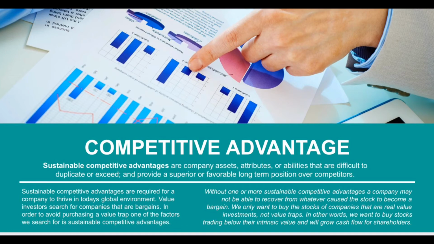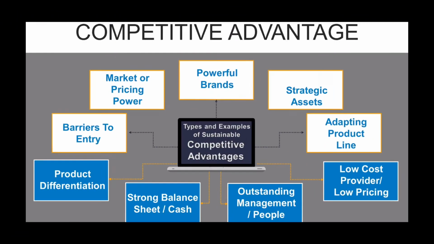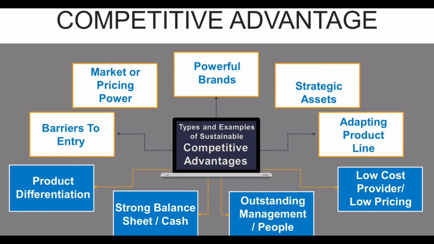We only want to buy the stocks of companies that are real value investments, not value traps. In other words, we want to buy stocks trading below their intrinsic value and will grow cash flow for shareholders. Now let's take a look at the types and examples of sustainable competitive advantages.